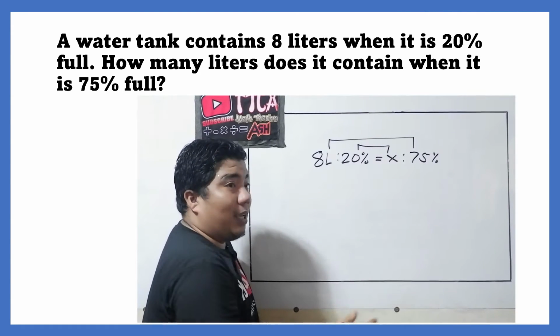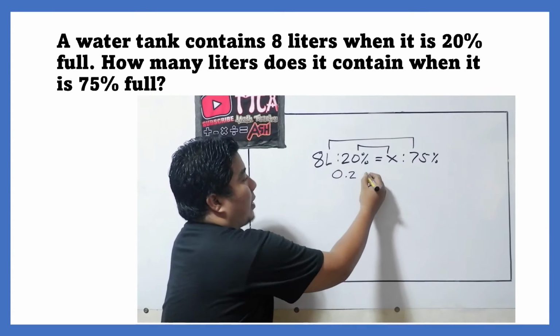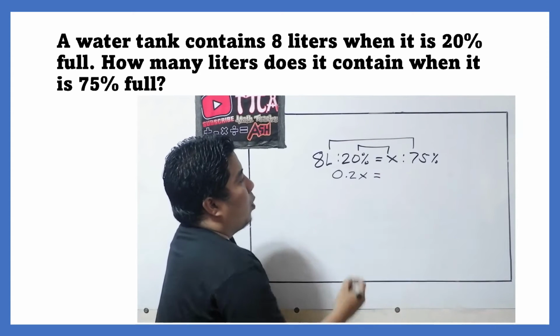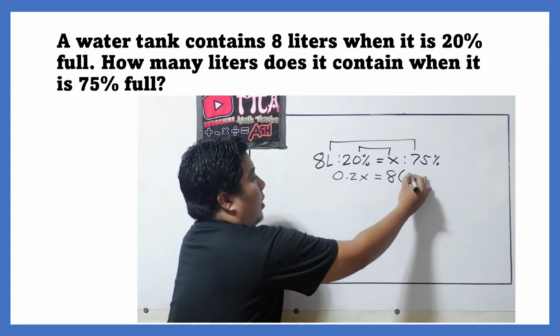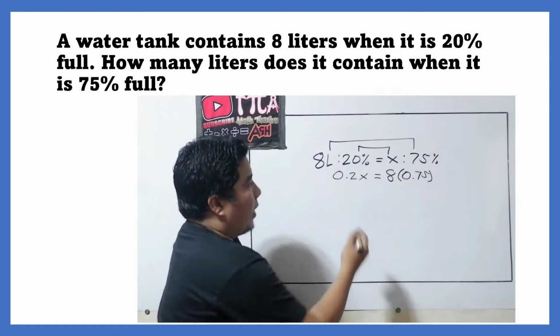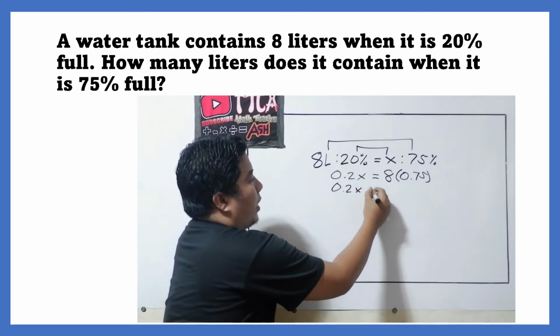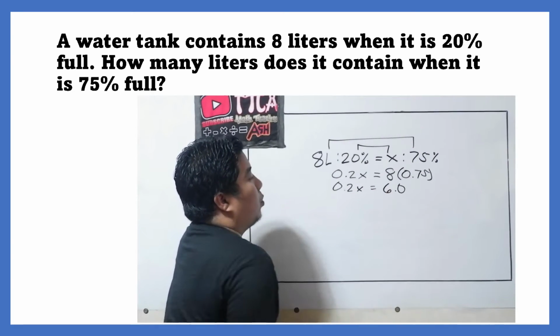So 20% is 0.2, right? So 0.2 times x, that is 0.2x. While if you multiply 8 to 75%, that is 0.75. Now, simplifying this, we will have 0.2x is equal to 8 times 0.75, that is 6.0.